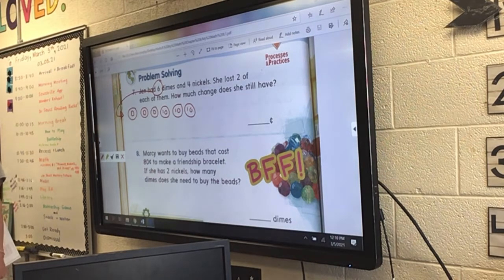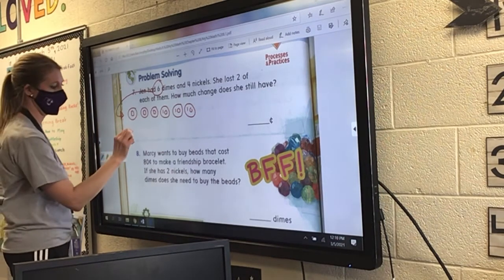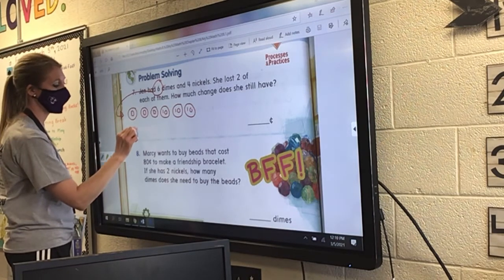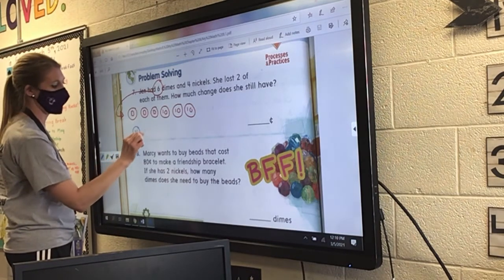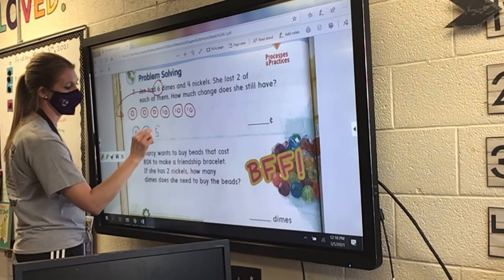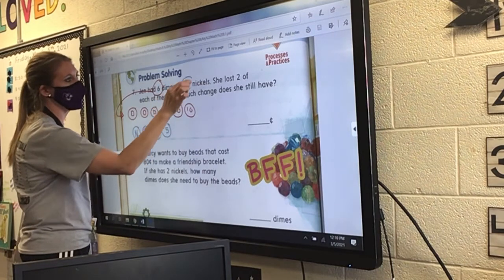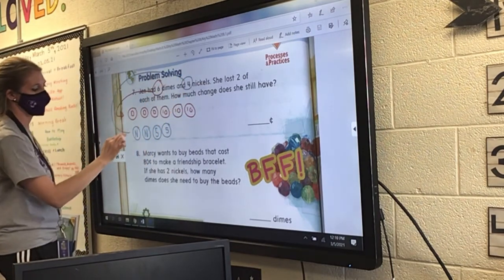And then she has 4 nickels. So if I'm going to write a nickel, who thinks they know the 2 ways you could write it? Hayden? You could write either 5 or N. Good job. You can write a 5 or an N. Okay. So you should have 4 nickels.